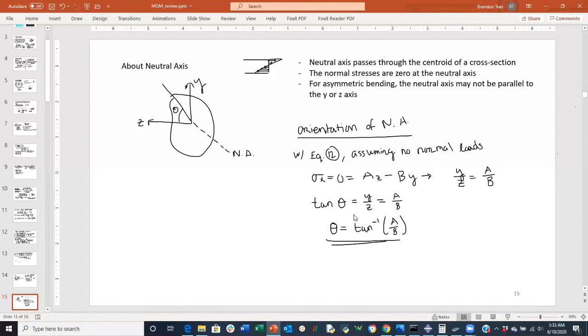And that's basically how to find the orientation of the neutral axis.